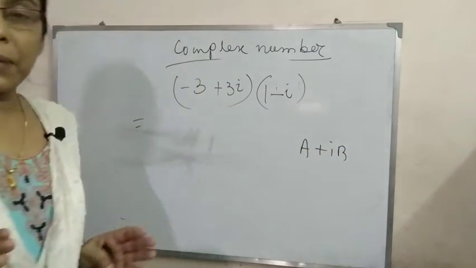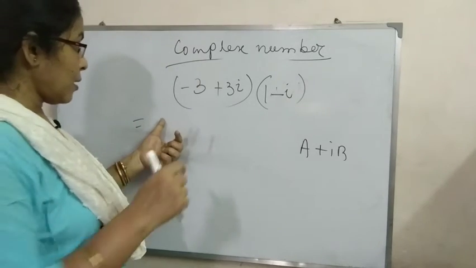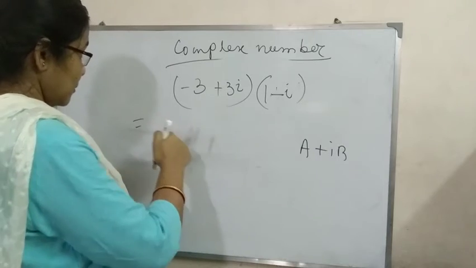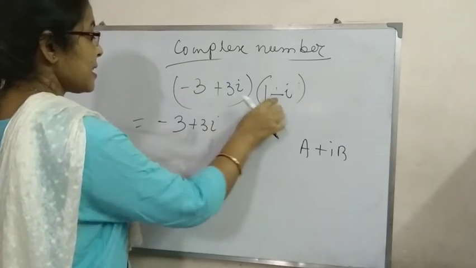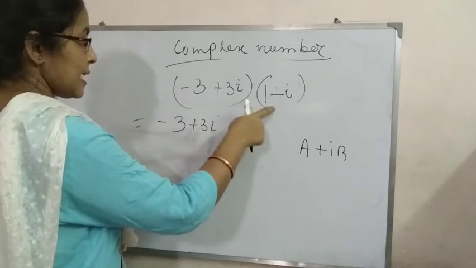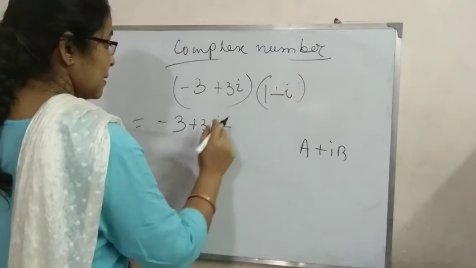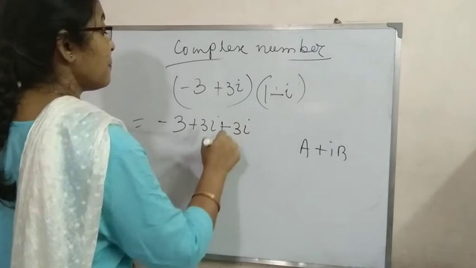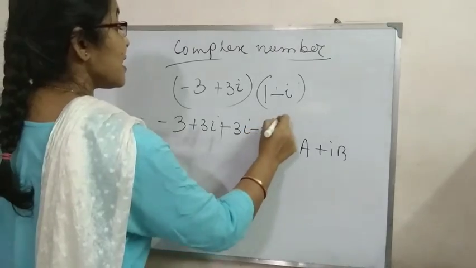This is a simple multiplication. We will do minus 3 plus 3i, minus 3 into 1, minus 3 plus 3i into 1 equal to plus 3i, minus plus 3i, and after that plus minus minus 3i square.